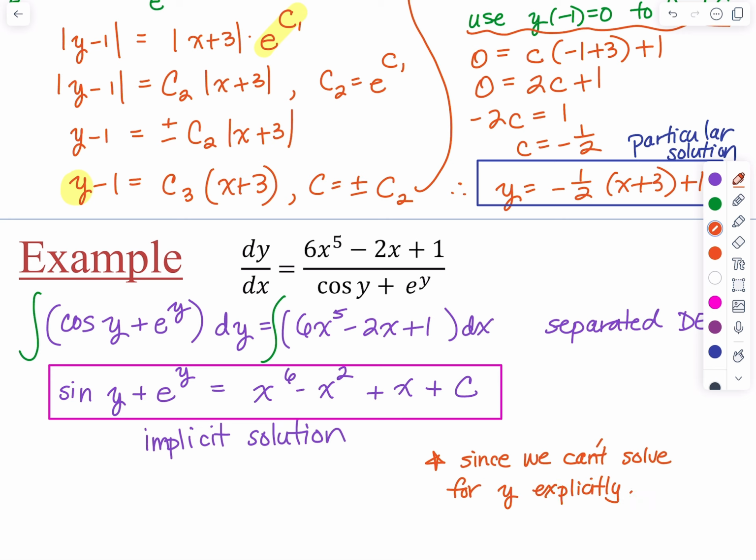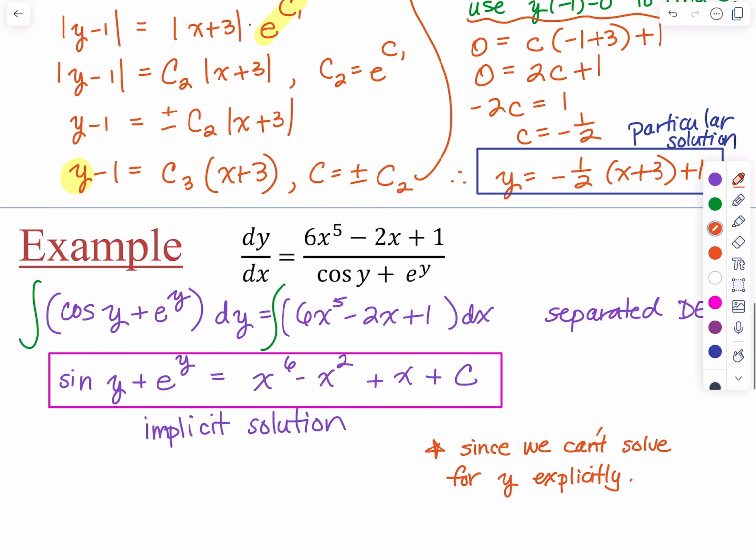Okay, so some of our solutions to our differential equations will be implicit. I might point out that this is a nonlinear first order differential equation, and a lot of those cannot be solved explicitly.